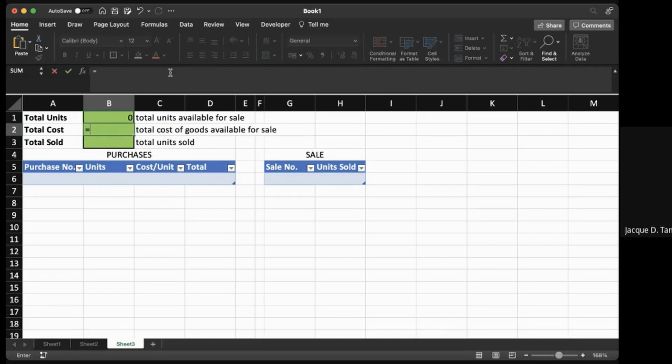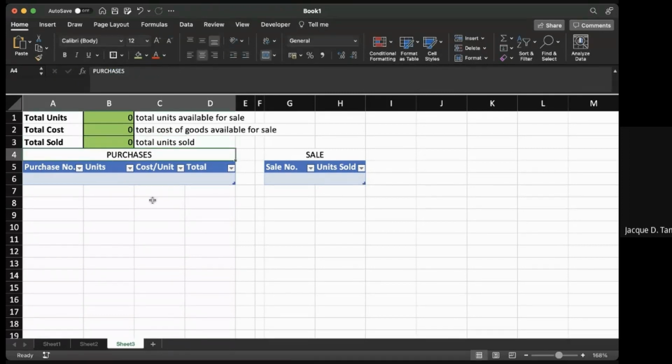Next, for total cost, again, sum of table 7 total. And total sold, that is the sum of table 8 units sold.